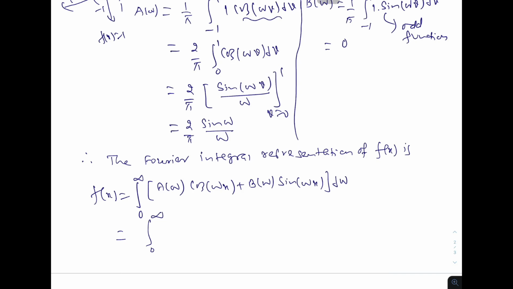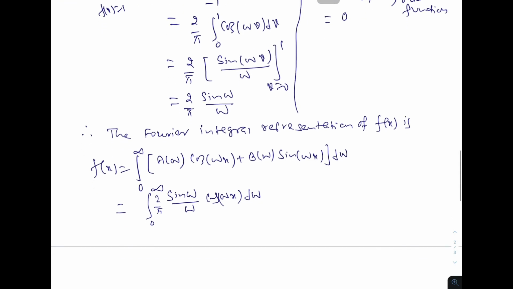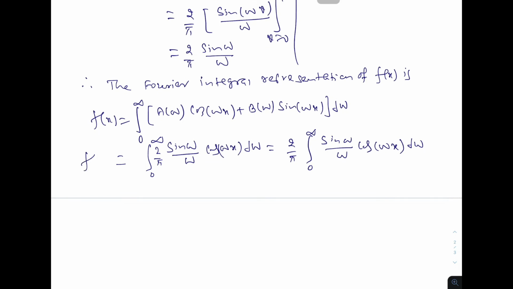So this is equal to integration 0 to infinity of 2 by pi, sin omega upon omega, cosine omega x d omega, or this is equal to 2 by pi integration 0 to infinity of sin omega over omega cosine omega x d omega. So this side is f(x).